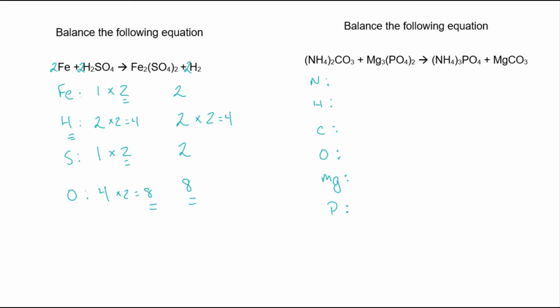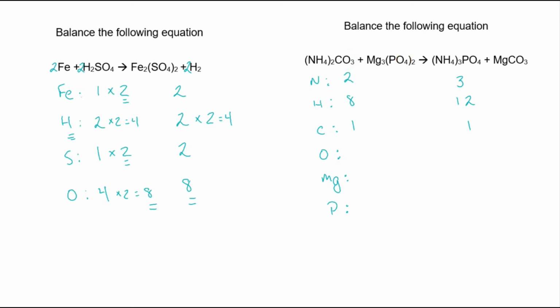Now let's count up. Nitrogens, I have 2 on the reactant side, and I have 3 on the product side. Hydrogens, 8 on the reactant side and 12 on the product side. Carbon, I have 1 and 1. Oxygen, now be careful with oxygen because you have oxygens here and oxygens here, so you're going to have to add those together.